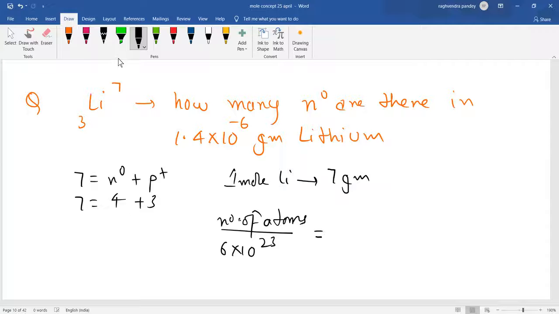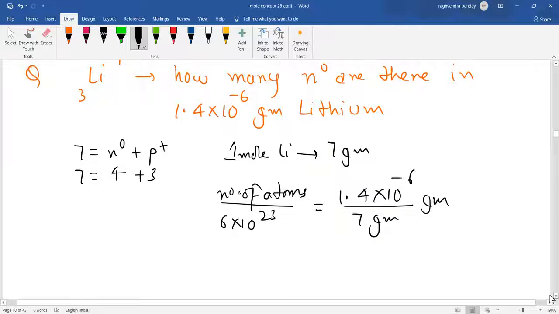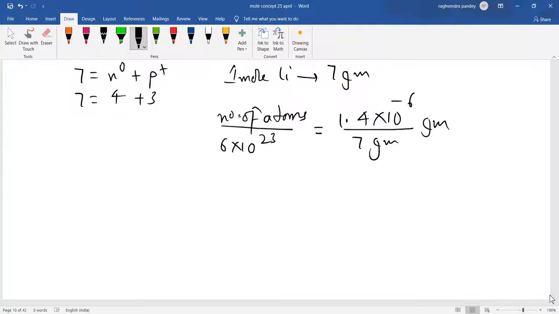Then the mass which is given to us is 1.4 into 10 to the power minus 6, and the atomic weight is 7 grams. That is also in grams. Now let's solve for the number of atoms. Let's take it as y atoms.